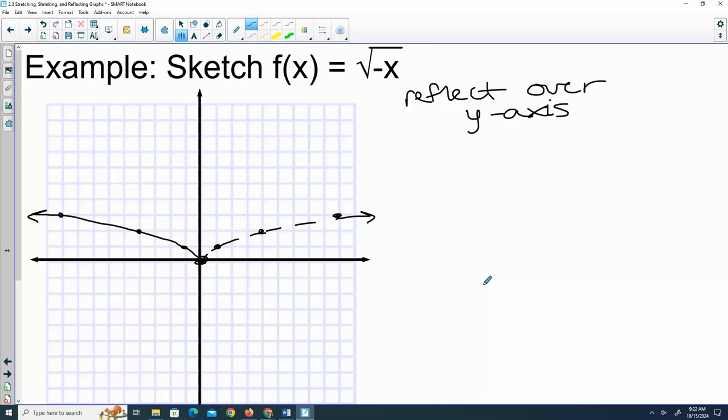So that's all of the individual transformations. Now we're going to start mixing them together. So we'll look at problems with multiple transformations. Are there any questions so far?